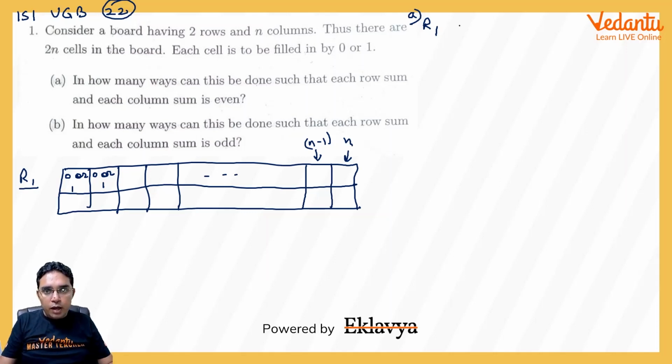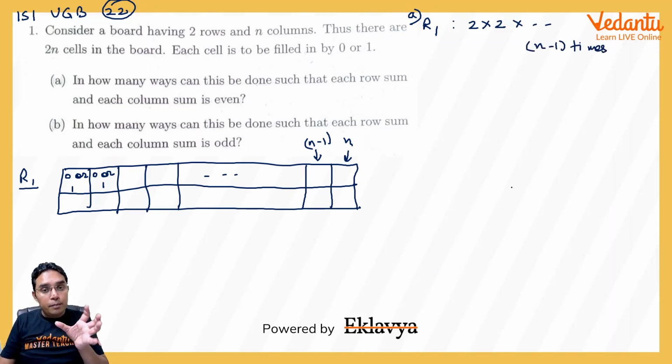So for R1, my first cell can be filled in 2 ways, second cell in 2 ways, and so on, and this will go till n minus 1 times. Now wait till n minus 1 and calculate the sum. It will be either even or odd.